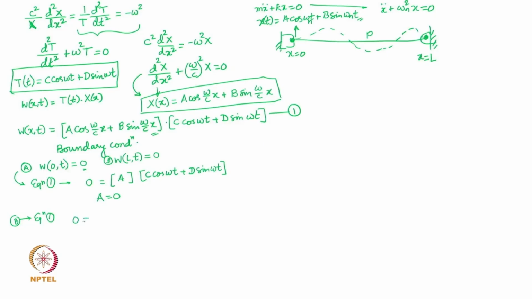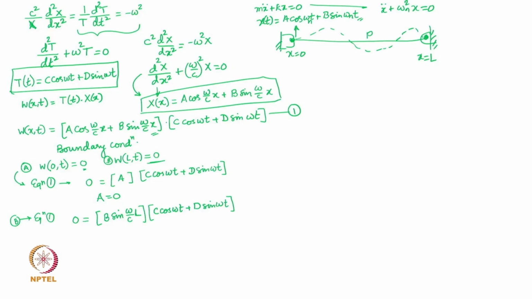The left hand side is 0, that is what this boundary condition implies, and on the right hand side, since A is already 0, you are left with B sine omega by c into L, that is our first bracketed quantity, and this one obviously remains as it is, plus D sine omega t. So that is how you apply the second boundary condition. You can notice that the x is replaced by L for substituting the second boundary condition B.